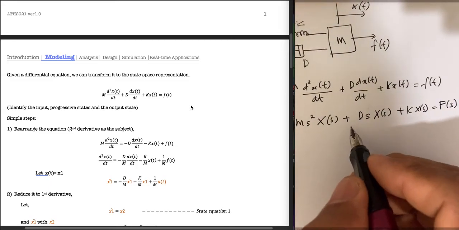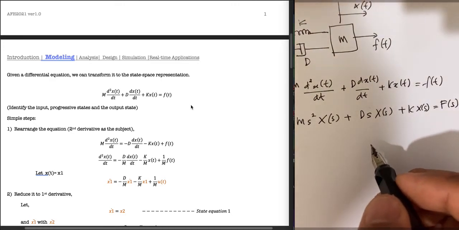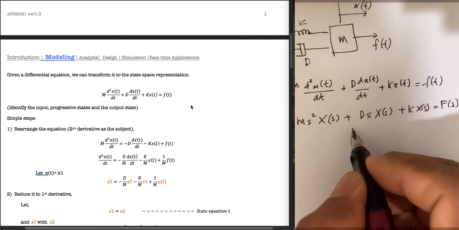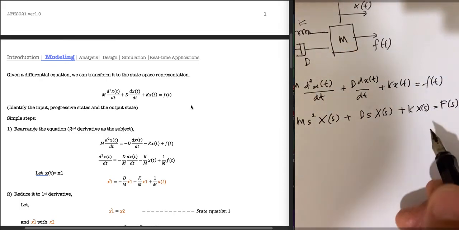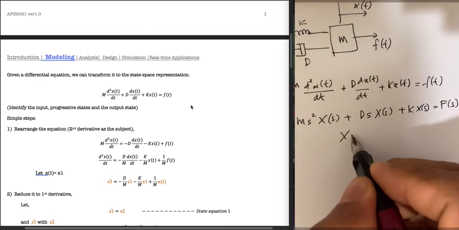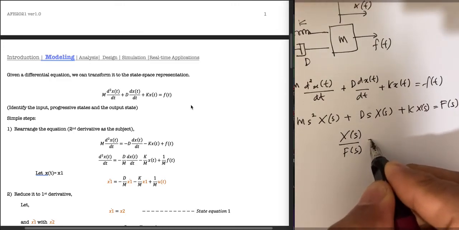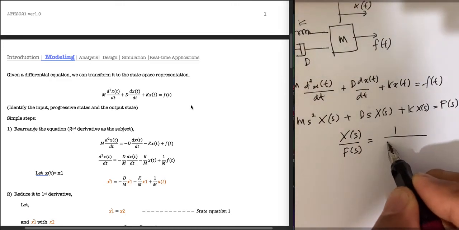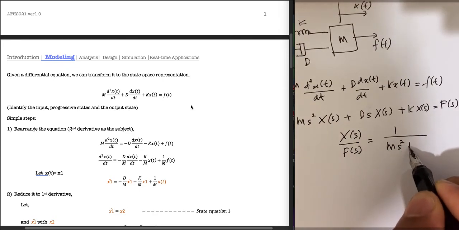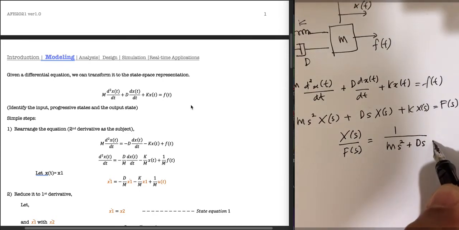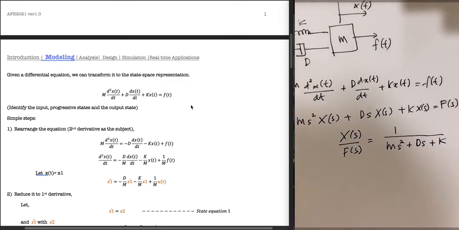Then we can find the transfer function, the output over the input, where the output is X(s), so X(s) over F(s) equals 1 over m s squared plus d s plus k. So this is in the frequency domain.